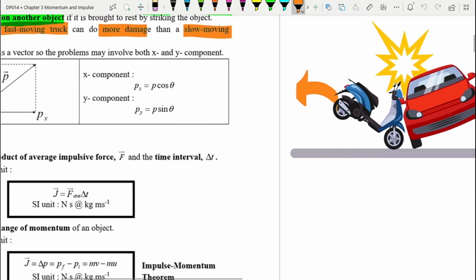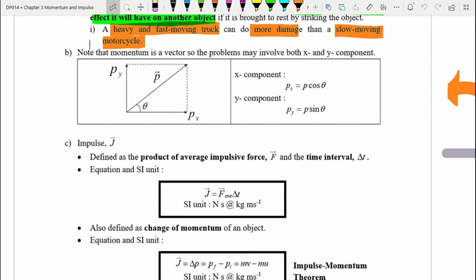Alright, so next kita tengok, kita tahu momentum ni is a vector. So daripada chapter 1, we already know how to resolve a vector quantity into x and y component. So contoh ini adalah momentum P and dia punya direction adalah theta from the x-axis.